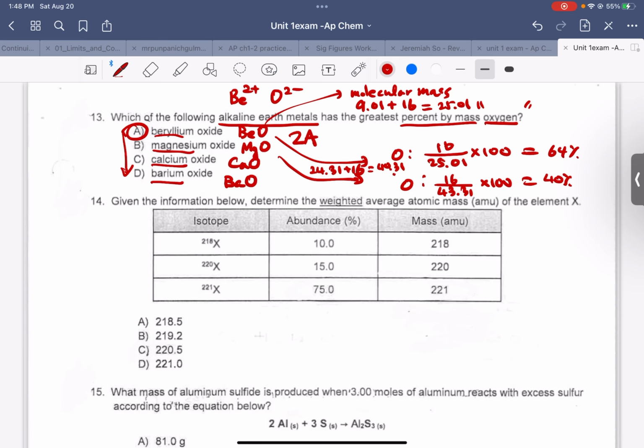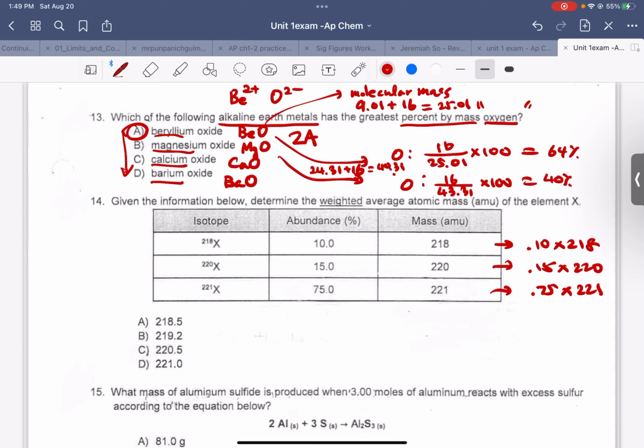Okay, now number 14. Given the information below, determine the weighted average atomic mass. This is a good example of how you compute with isotopes and their average mass. What you have to do is 0.10 times 218, the next one 0.15 times 220, and this one 0.75 times 221, and then you add all of them.